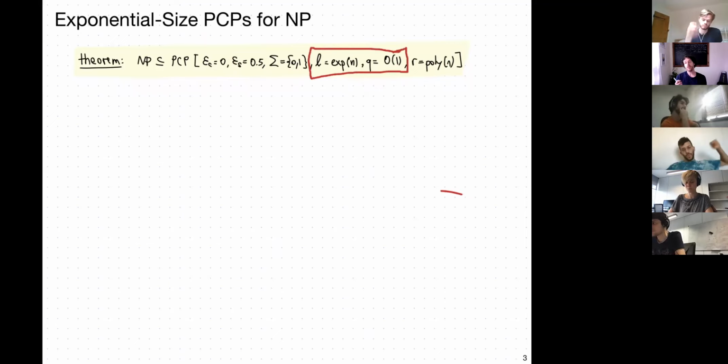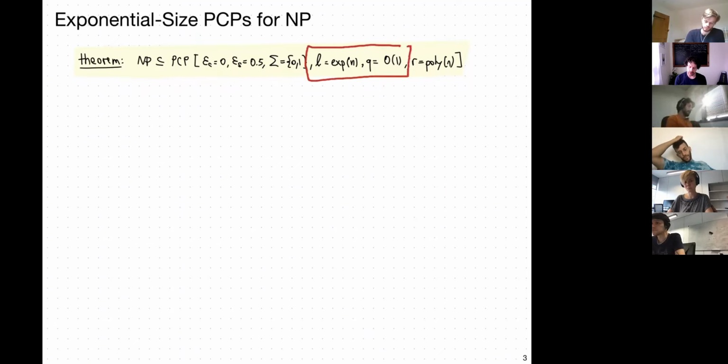So it's essentially a way in which we take an NP proof for whatever language in NP you'd like. And if you allow yourself to encode it using an exponential amount of redundancy, then you'll be able to verify it just by making 3 queries. So think about the purported proof that someone had for the ABC conjecture, which took so many years, and even Fermat's last theorem, which took so many years to verify.